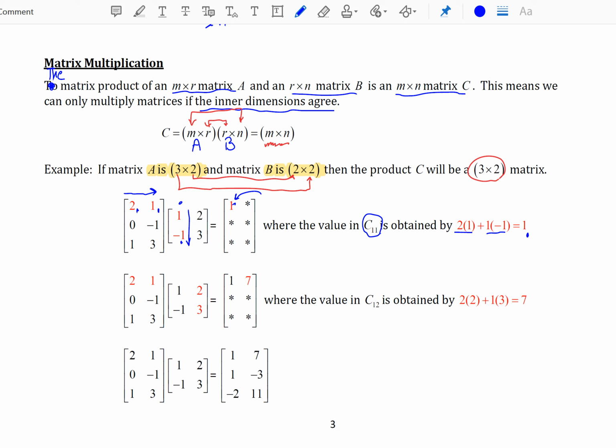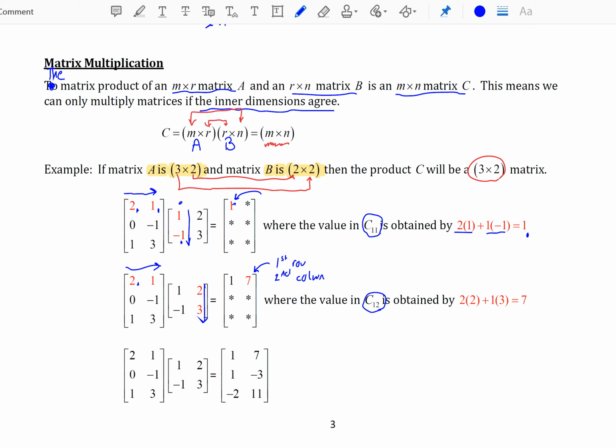If you wanted to find the entry that was in the C12 position, first row, second column, then looking at our two matrices A and B, you would take the first row of A times the second column of B, adding up these products as you go.